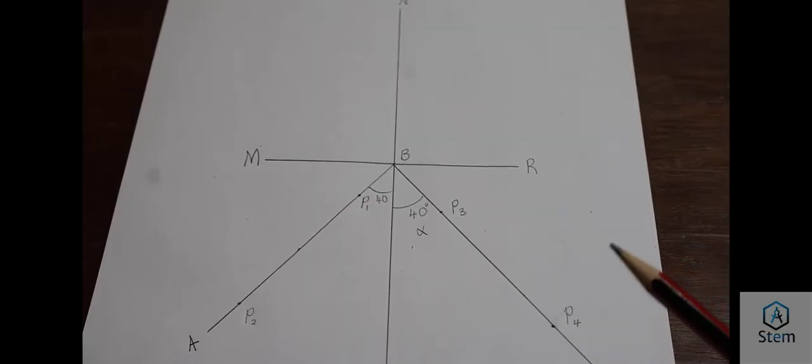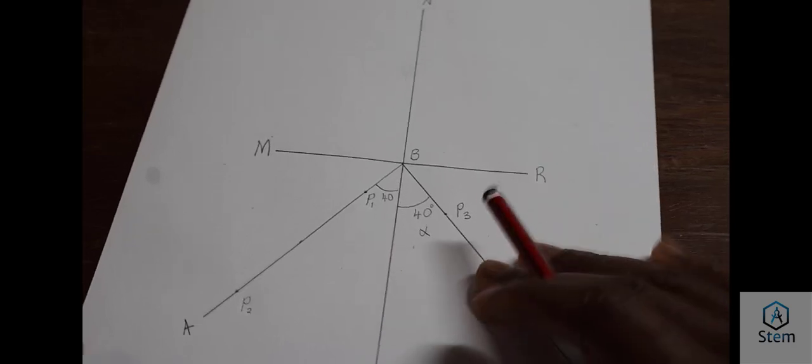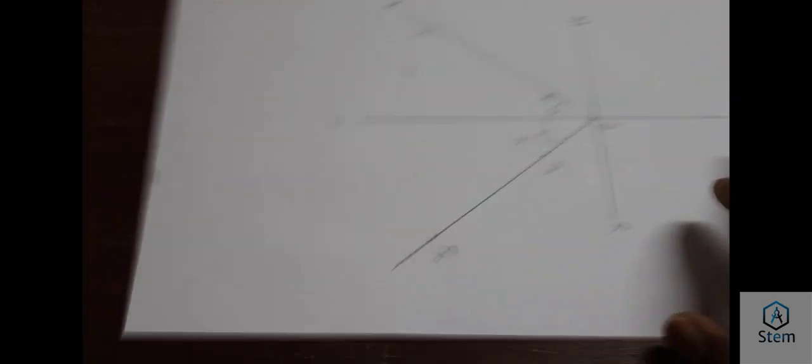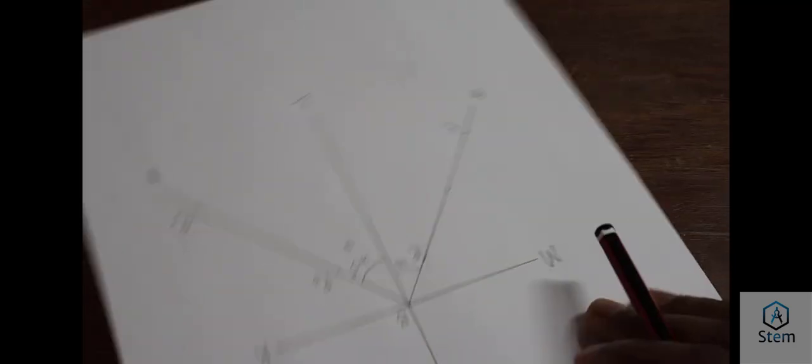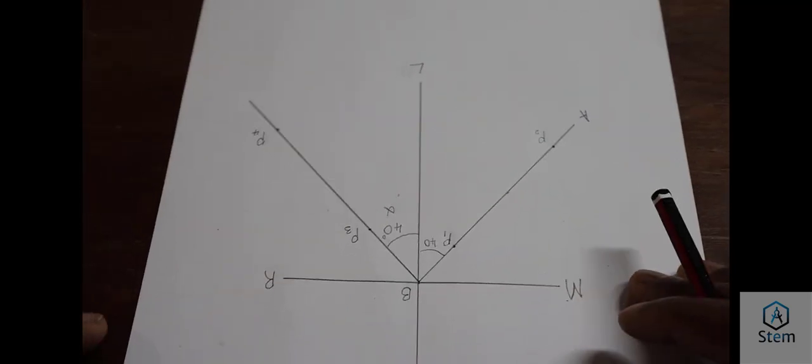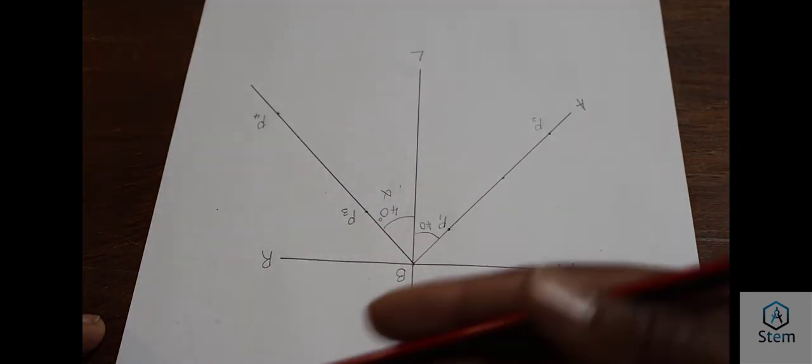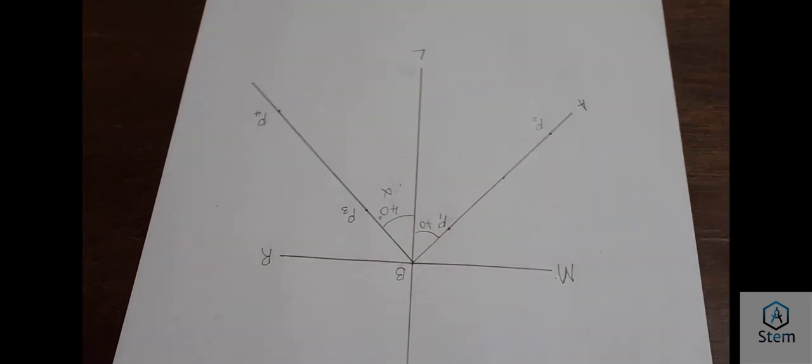The next instruction requires that we rotate our ray trace sheet. Okay, this side we are done with it. We are now working on this side.